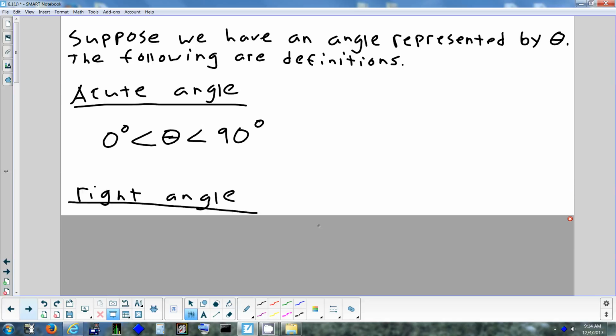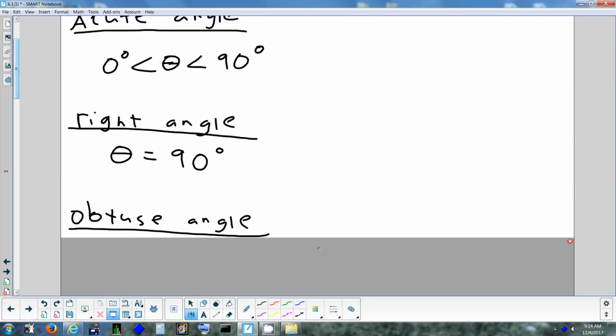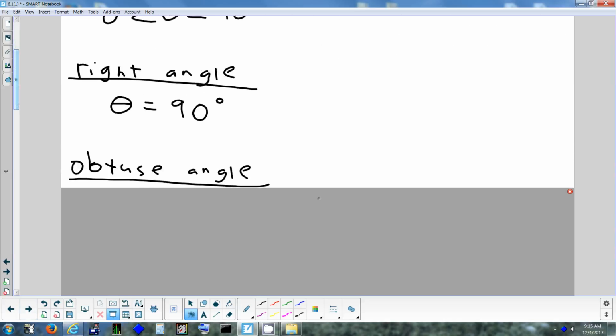How about right angle? What's the measure of a right angle, Leo? Exactly 90 degrees. Okay, and then an obtuse angle. What's the definition of obtuse, Gracie? Greater than 90, and one other thing. It's between two numbers. Juliana?